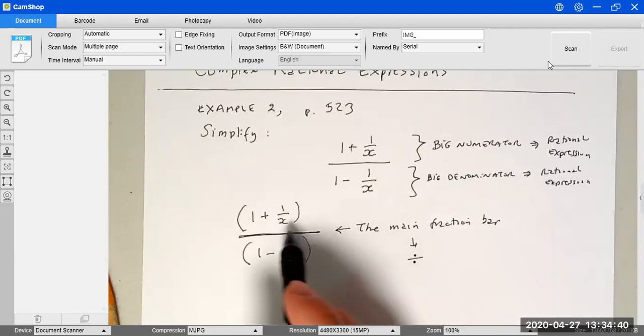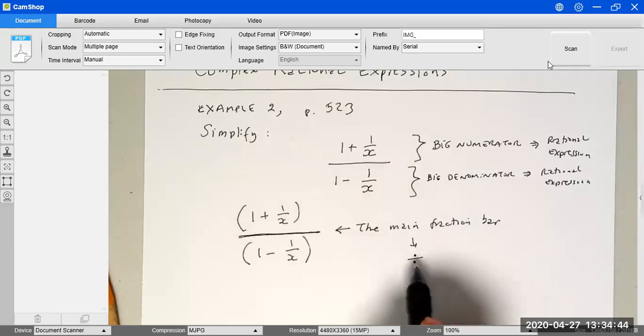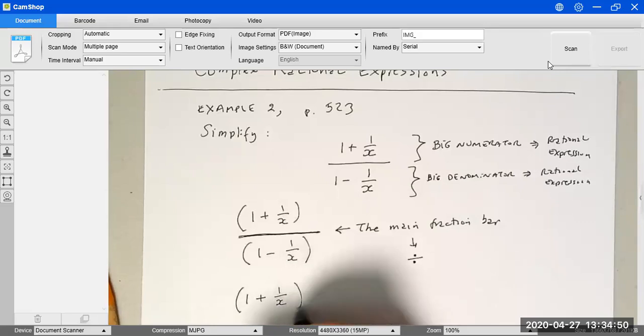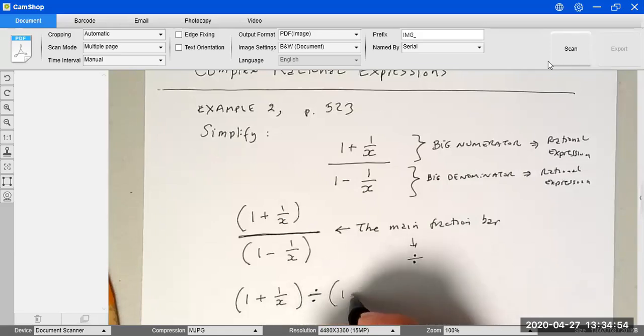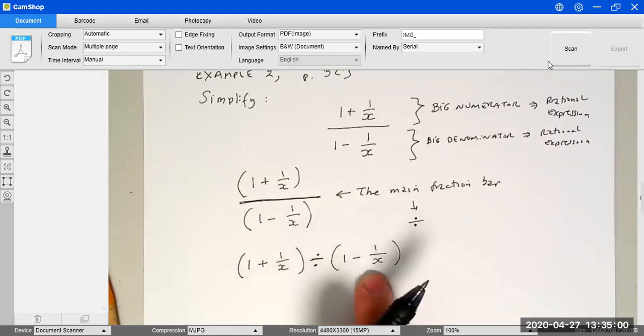So if you write this complex rational expression by using this symbol, we're going to write the following. We're going to have 1 plus 1 over x, which is divided by 1 minus 1 over x. So I have my numerator, I have my denominator.